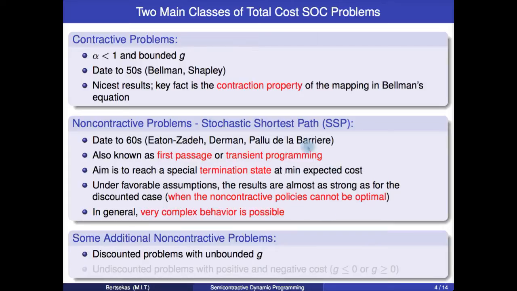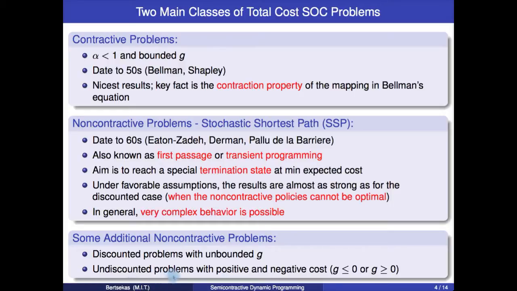In addition to shortest path problems, there are other types of non-contractive problems. For example, problems that involve a discount factor and the cost per stage is unbounded belong, mathematically speaking, to the non-contractive class, and they exhibit similar complex behavior as the shortest path problems.